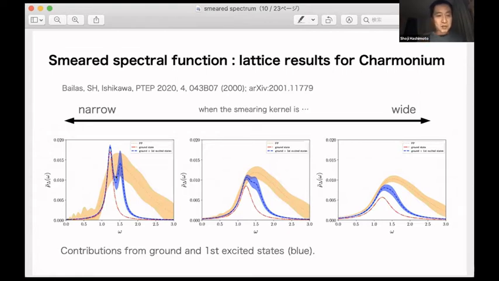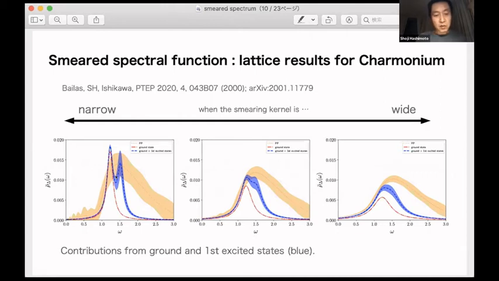But in order to get some resolution of the ground state and the first excited state, we probably need much narrower smearing range. And in that region, the approximation gets worse, and you probably need longer and longer time separations. That is difficult because of the noise problem. That is the situation.